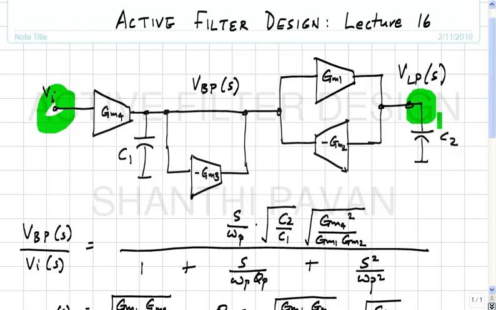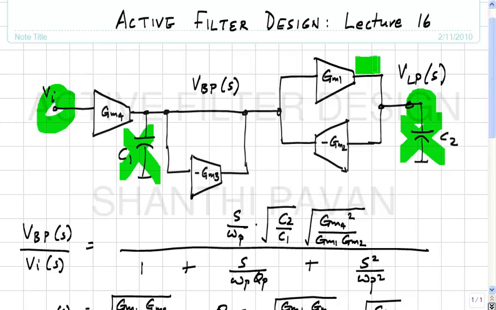All the capacitors are open. Okay. All right. So what if the capacitor current is 0? What is the current through here? 0. The current that's being pushed out by GM1 is going into C2, correct?